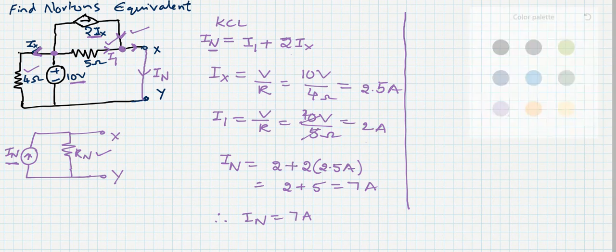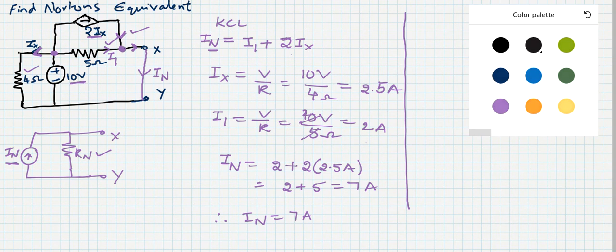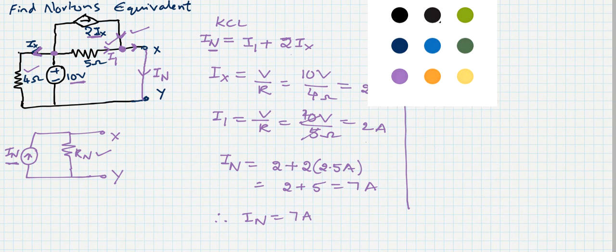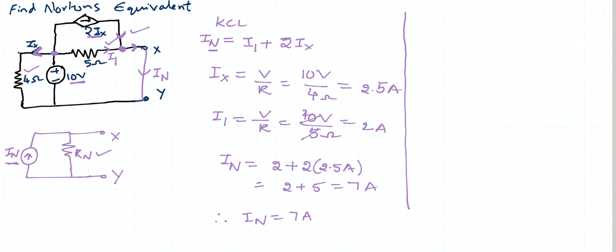For R Norton, we just have this circuit. I told you before this class, if there is any voltage source, you have to short circuit it. If it is any current source, we have to open circuit it. This is the simple funda we have to apply.